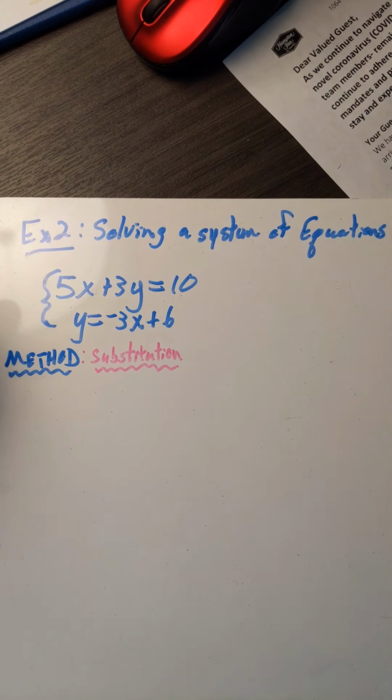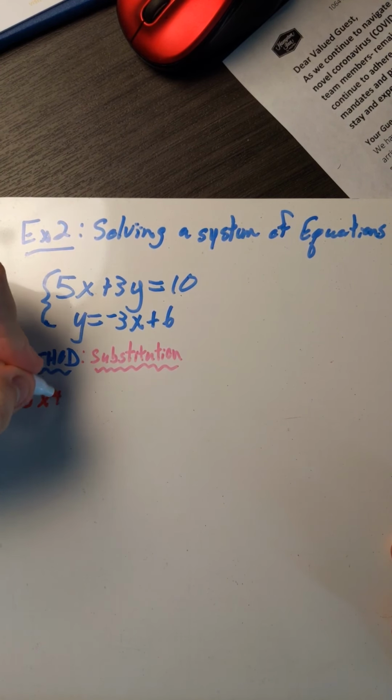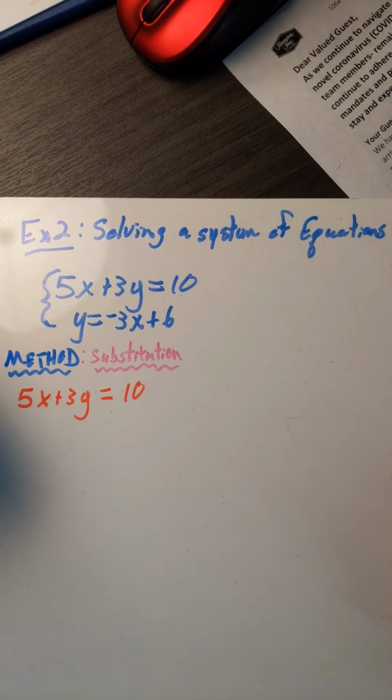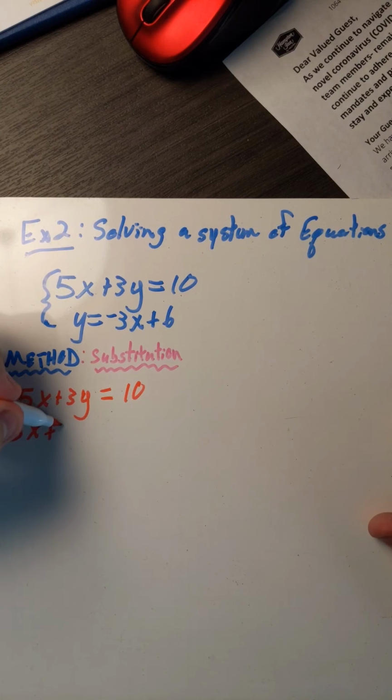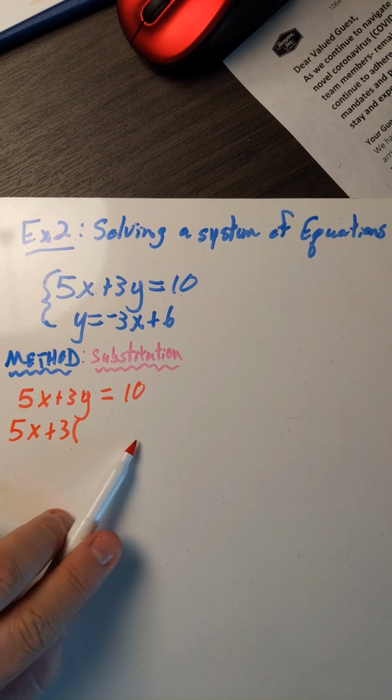So we're going to copy down the first equation. So we got 5x plus 3y equals 10. So there's our original equation. We are now going to rewrite this equation one more time, but this time we're going to replace the y with what this y is equal to. So we end up with 5x plus 3, and we're going to multiply 3 times this new quantity.